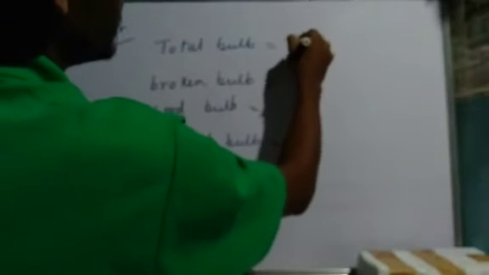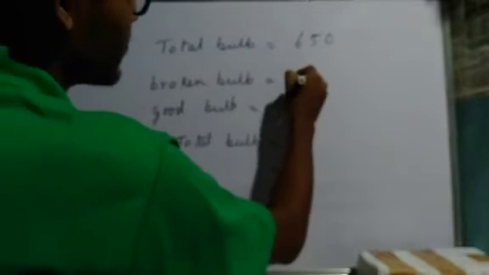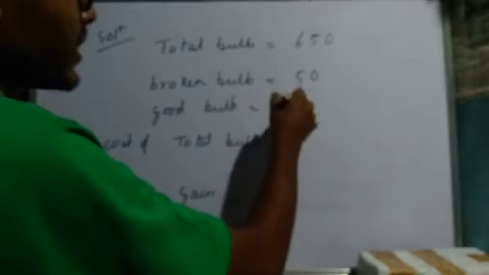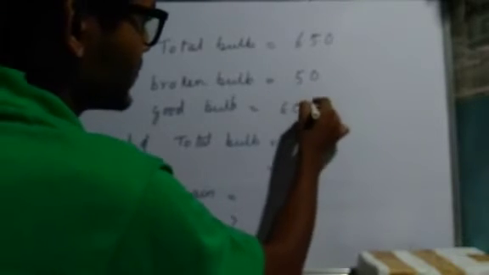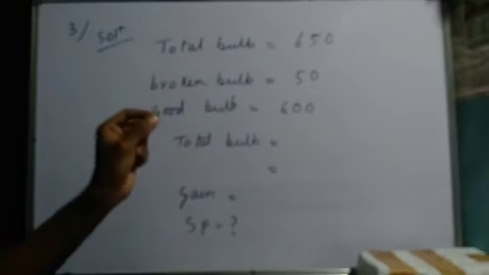Next I will do question number 3. A shopkeeper bought 650 bulbs at rupees 10 each. 50 bulbs were found broken. So how many bulbs are good? 650 minus 50, 600 bulbs are good. To buy 650 bulbs, how many rupees did the shopkeeper spend?